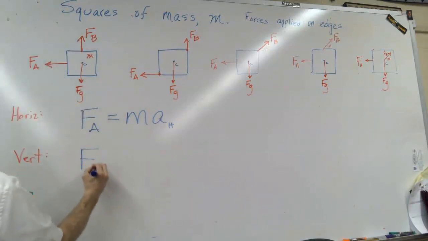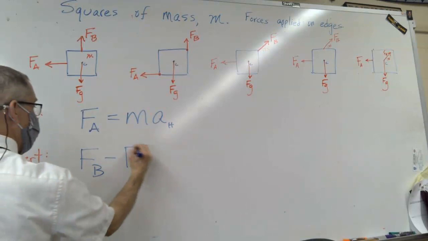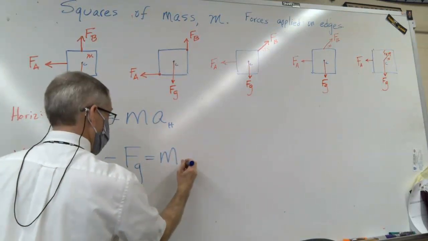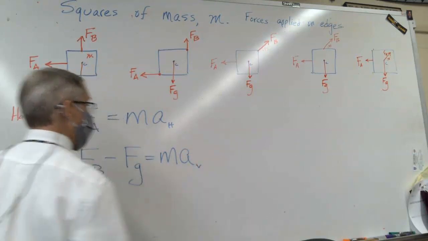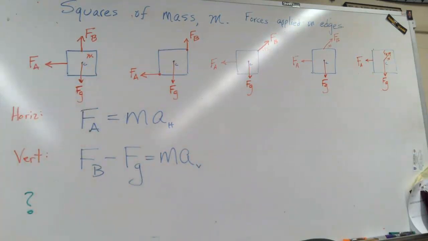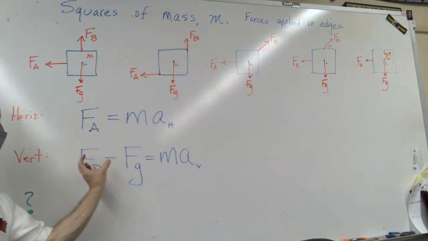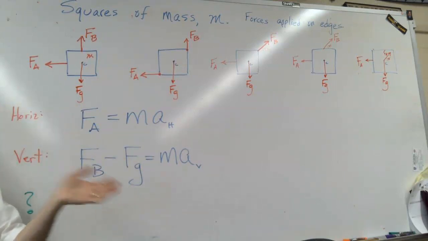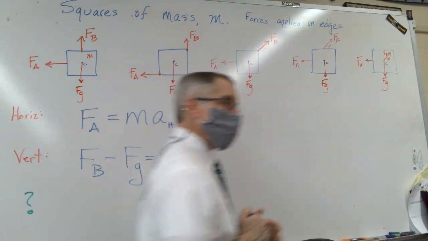So FB minus FT equals ma for vertical. You buy that? Now, I don't mind if your forces are reversed because you chose a different way to be positive. That's not wrong. It's different.